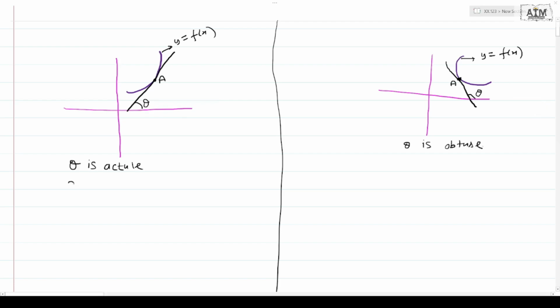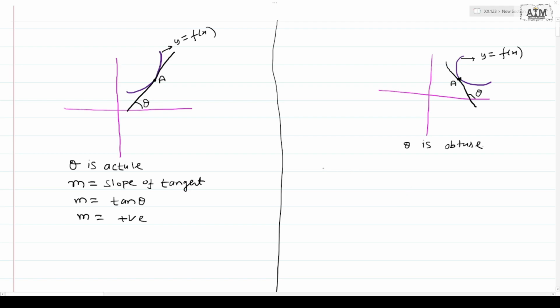And we know that m equals to slope of tangent. And slope of tangent is given by tan theta. Theta is the acute angle, therefore m is positive.